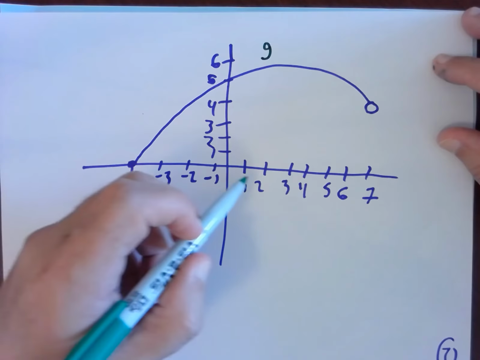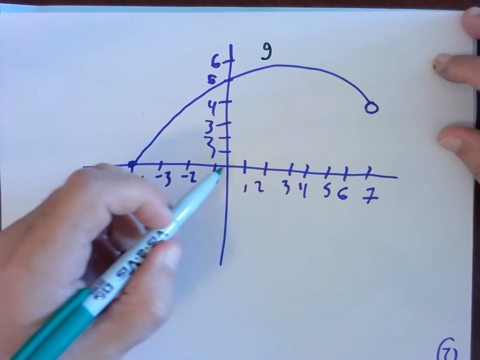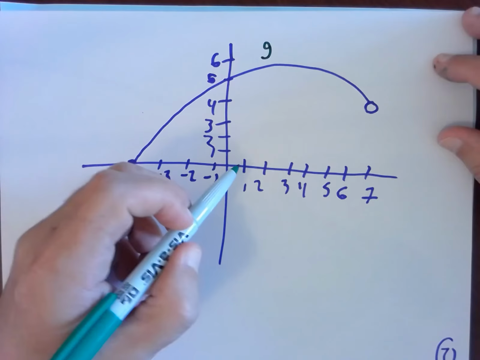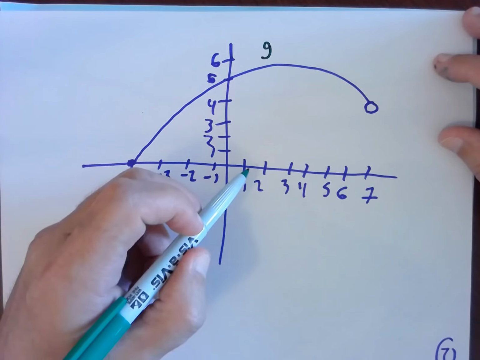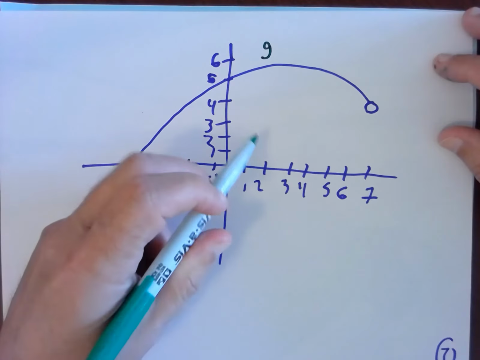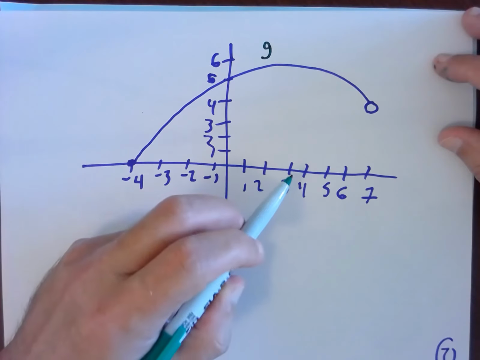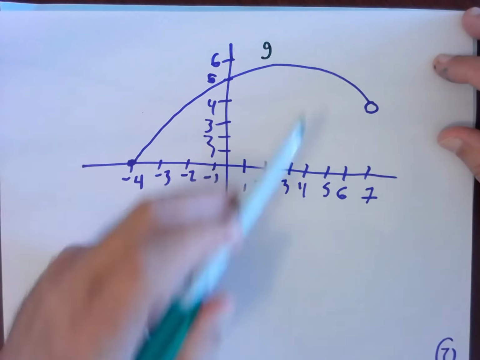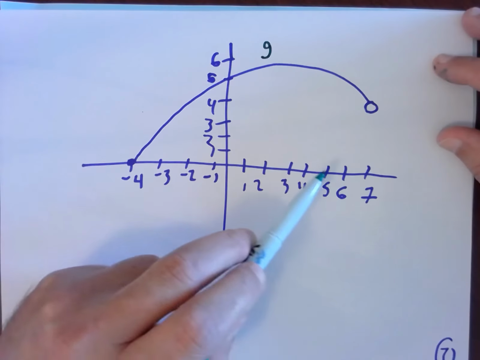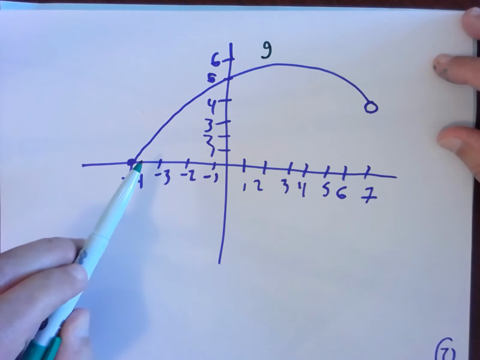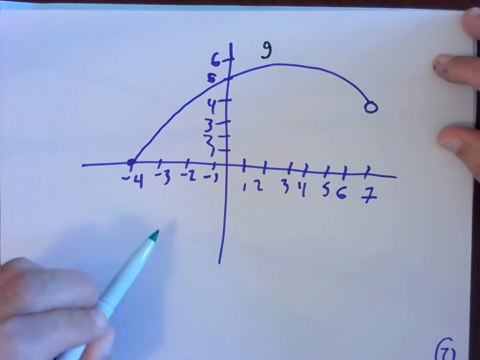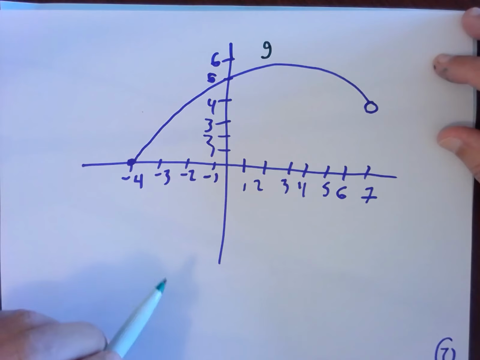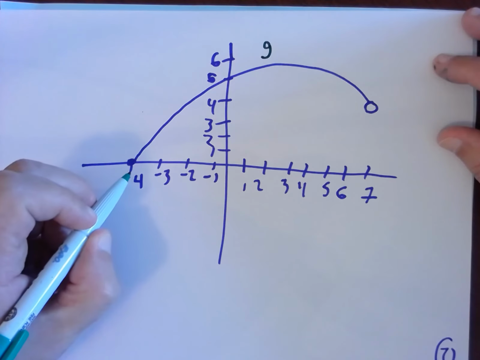Every single number in between -4 and 7 gets used. When x equals 1.5, say right here, there's a y value. When x equals pi, 3.14159 and so forth, there's a y value. There are an infinite number of elements in the domain here, so we can't list them all. I can't use those little curly braces I did a minute ago. I have to do intervals here.